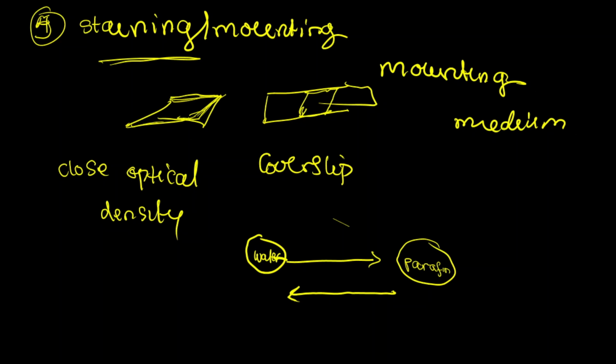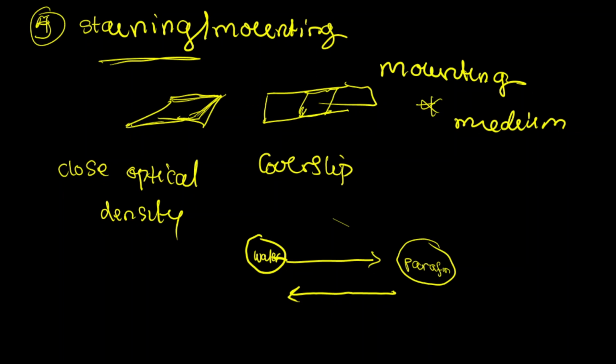So there's a lot of refraction taking place now. We have refraction from the cover slip, from the slide itself, the glass slide. We also have refraction from the stain that has increased the optical density of this tissue component. What the mounting medium does is that it helps to reduce, to minimize, the refraction of light.